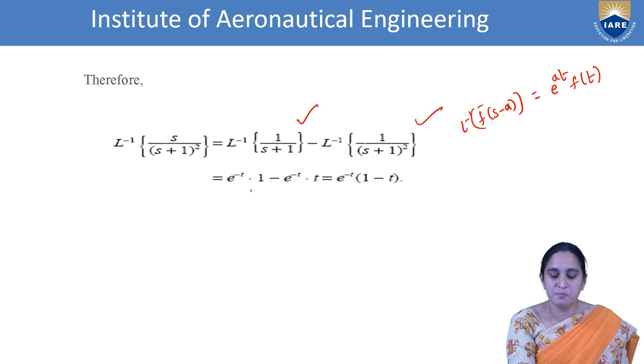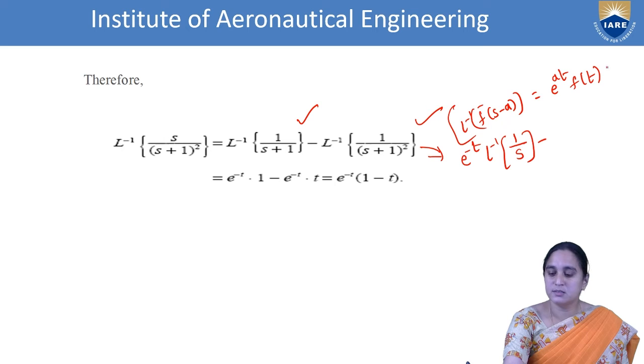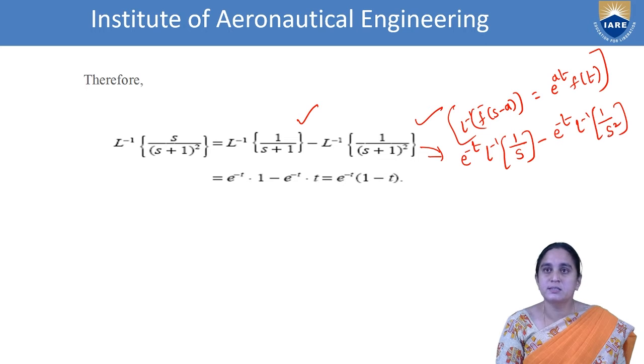That means I'll write this as e power minus t into Laplace inverse of 1 by s, minus e power minus t into Laplace inverse of 1 by s square.